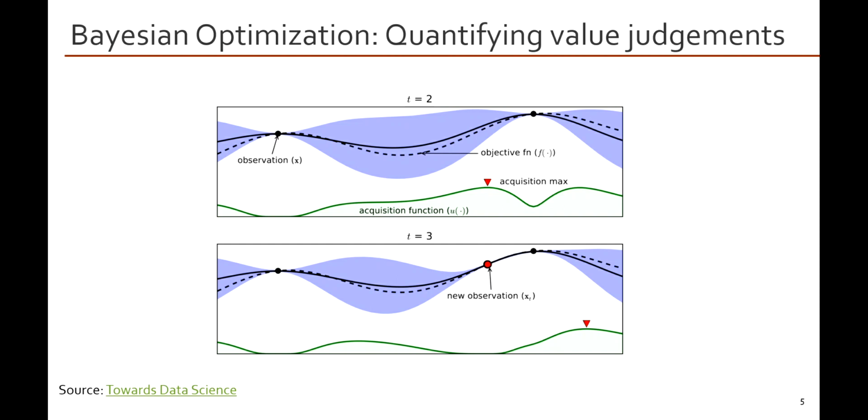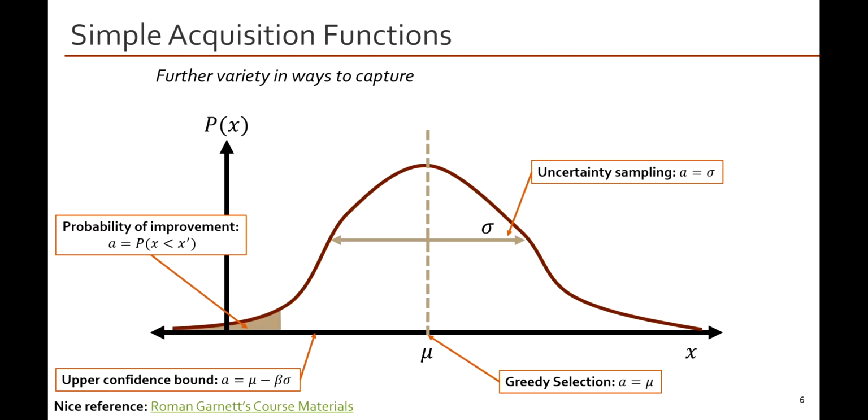And in this example here, you can see how that varies value according to not just the mean value of the prediction or the uncertainty, but some complex combination of the two. And there are really a plethora of options of acquisition functions that you can use that each have different properties.